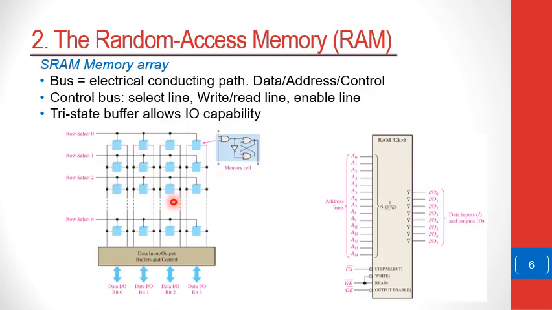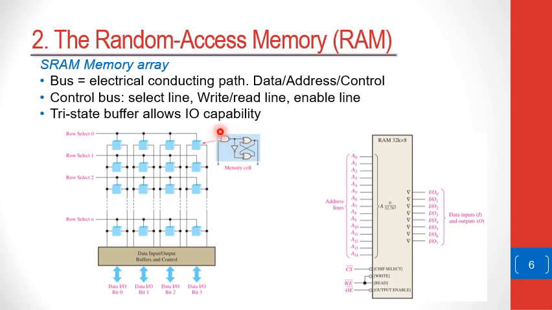This shows an example of an SRAM memory array. We can see that in this case the array has multiple rows. This would be n rows, and each of these cells is basically the latch which has the select lines.